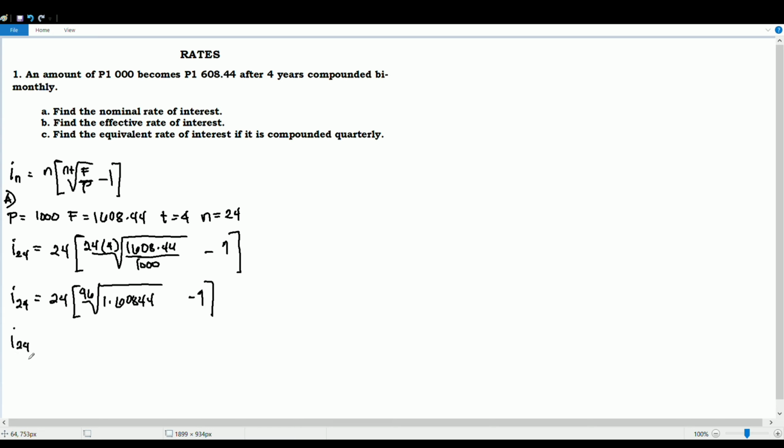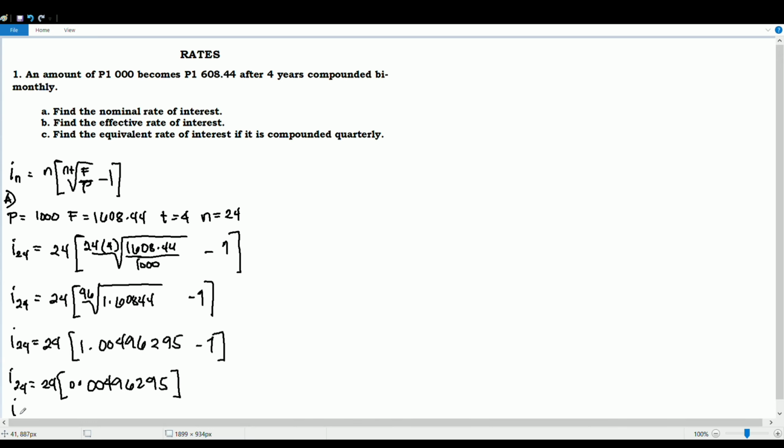So what is the 96th root of the given decimal number 1.60844? The answer is 1.00496295, and we have to subtract 1 from here. That is 24 times 0.00496295.